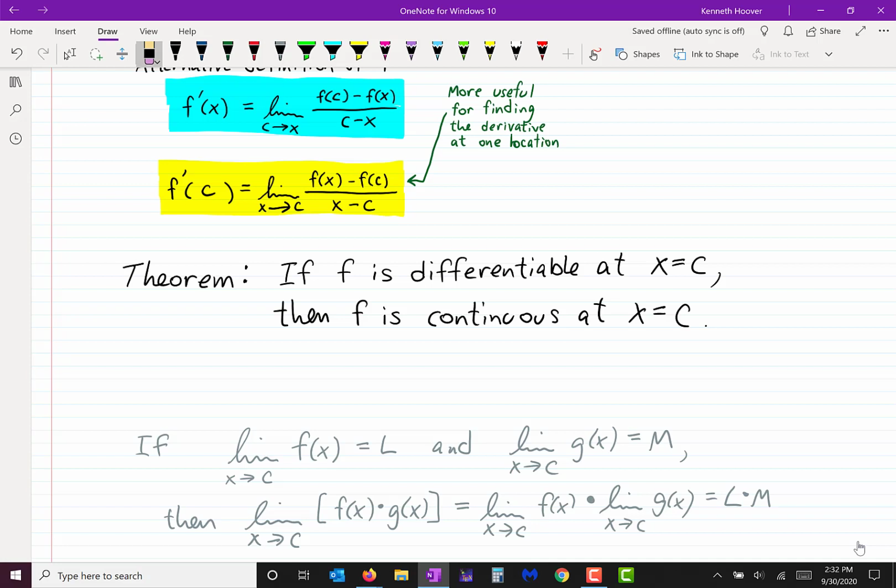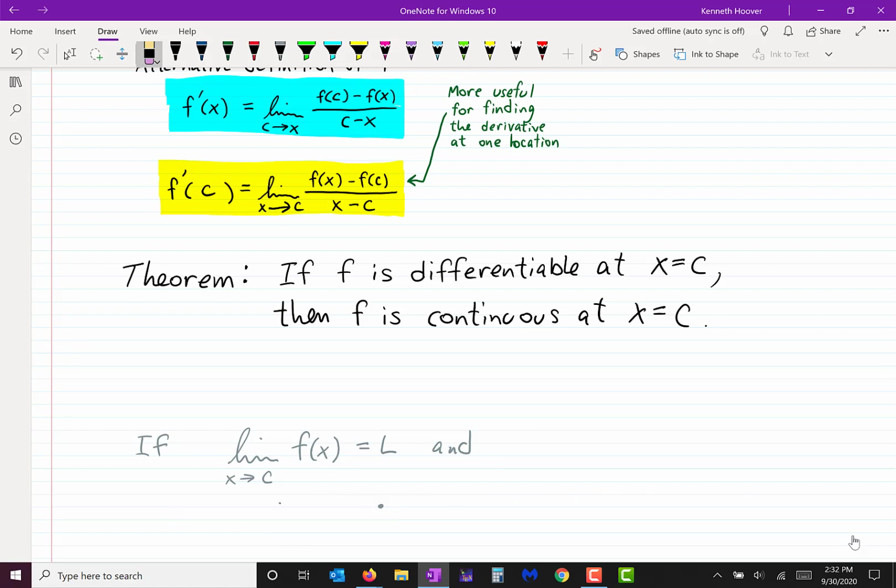Okay, and I'm going to use the yellow form. I'm going to use this form right there. Okay, and this is actually going to be really easy to prove this theorem. Okay, proof.